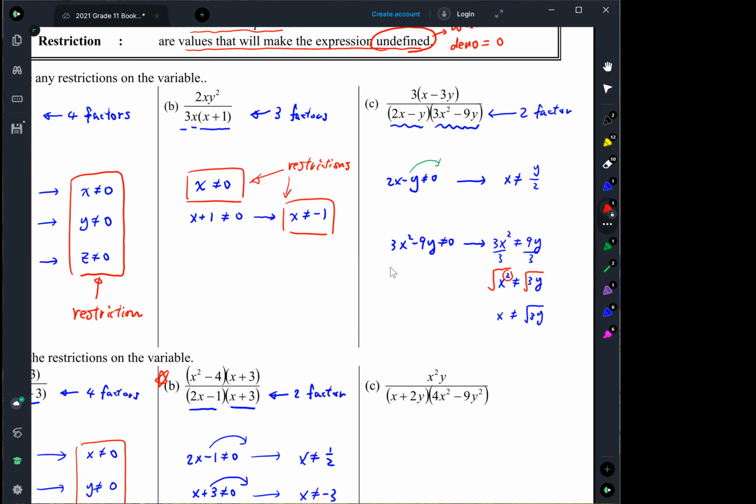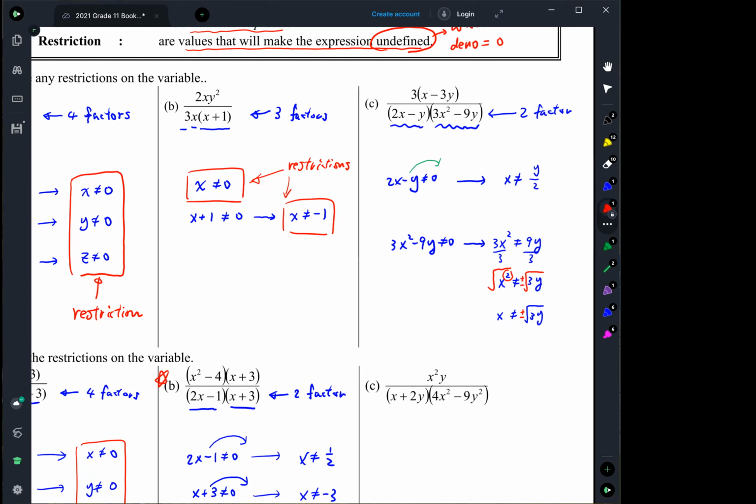Shanier said plus minus, yes, we are missing the plus minus. The place where we need a plus minus is the moment I put the square root on, you need to have plus minus in front. Make a note of that. That means it could be positive square root 3y, or negative square root 3y.